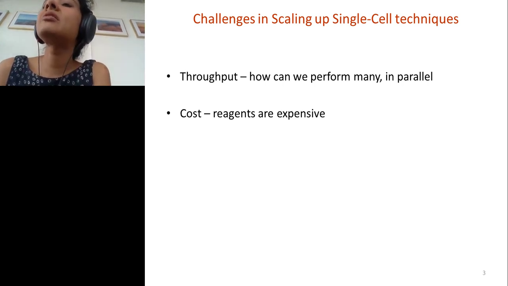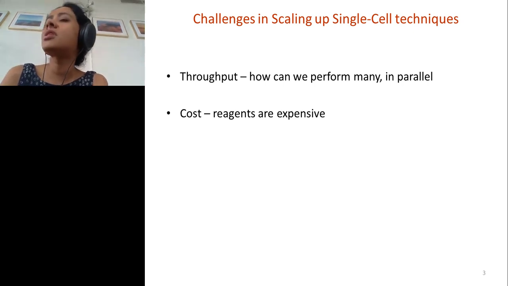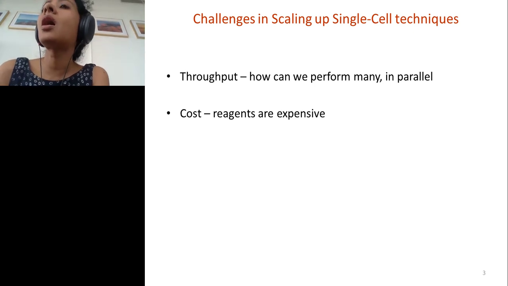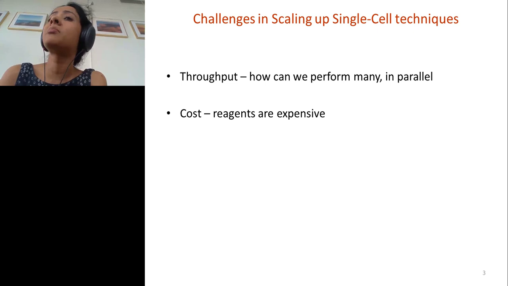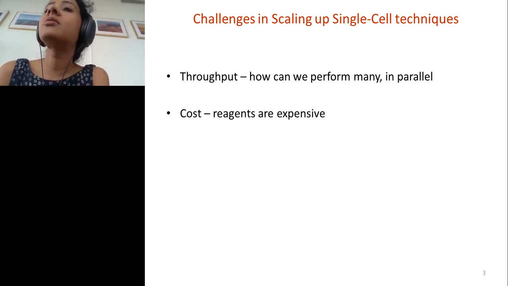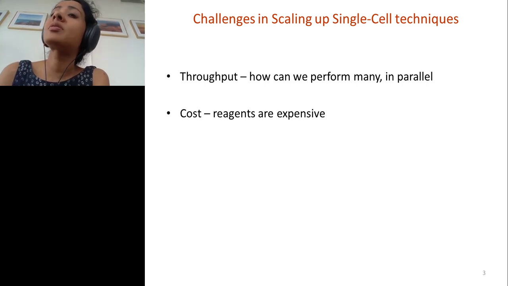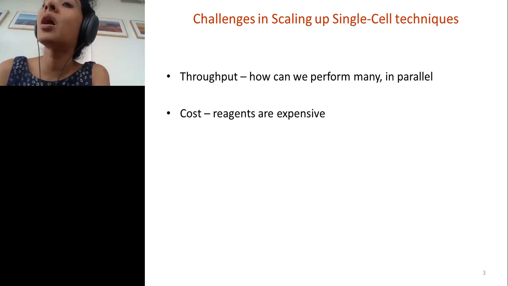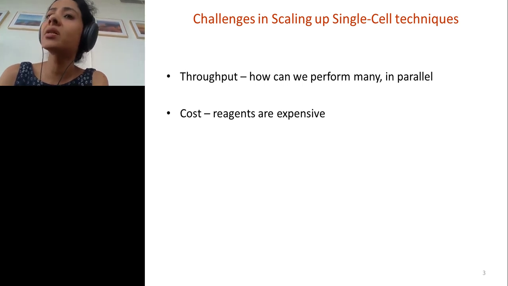In the very beginning, around 2013-14, when single cell experiments were becoming a norm and the field was adopting it, one of the challenges in scaling this kind of single cell sequencing technique was throughput. How could we process many cells in parallel, and how could we reduce cost?